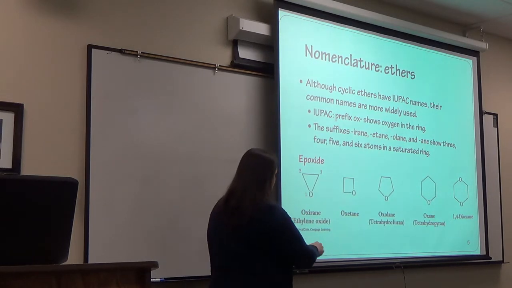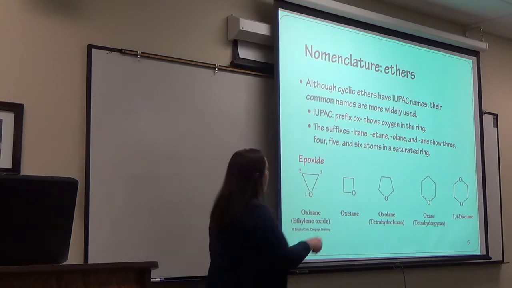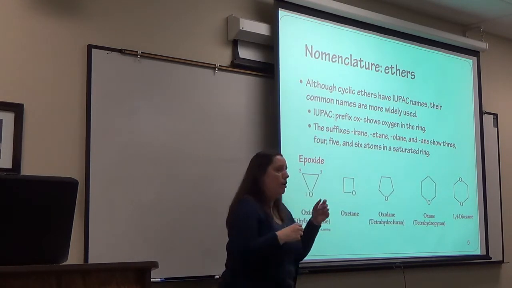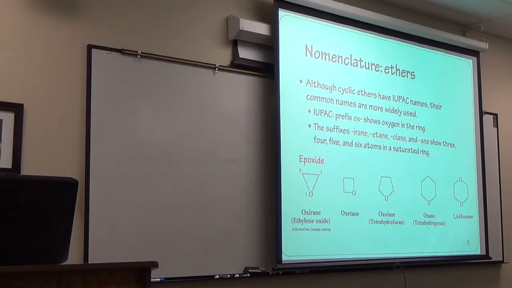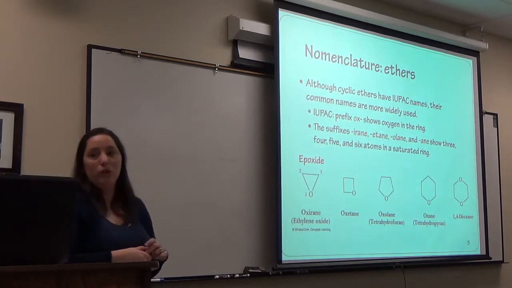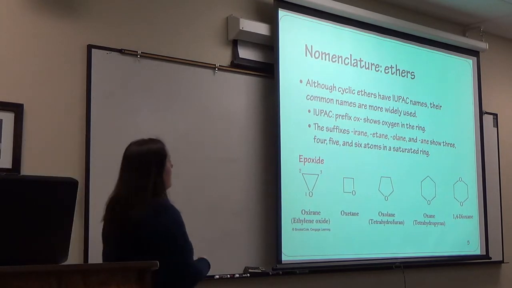So that's another way. I don't know that it's any easier, but again, mostly we'll see the oxirane. So that's the one you want to kind of star that you'll probably see again. Otherwise, the others, you just have to memorize. There's not a lot of rhyme or reason for those suffixes. So those are the cyclic ethers.